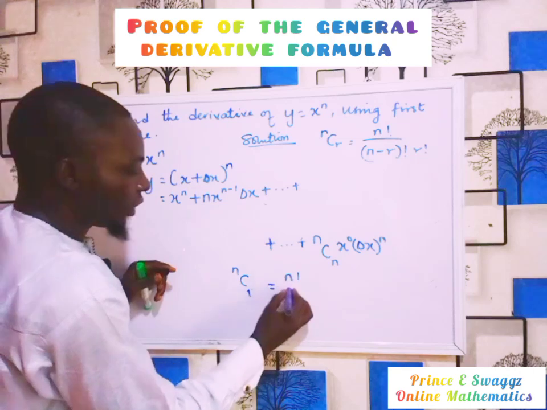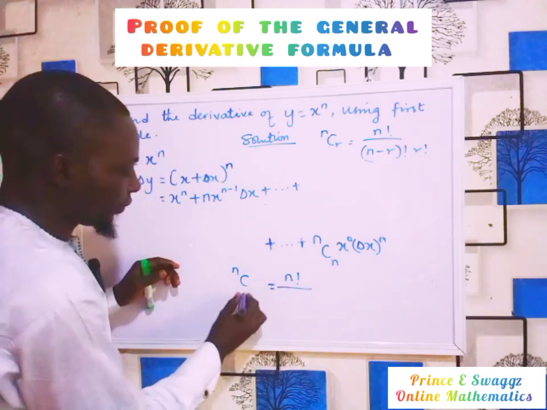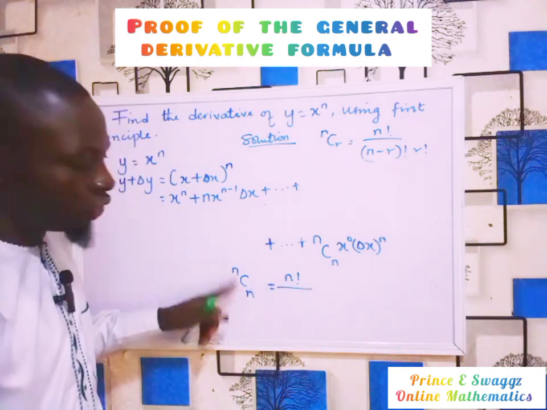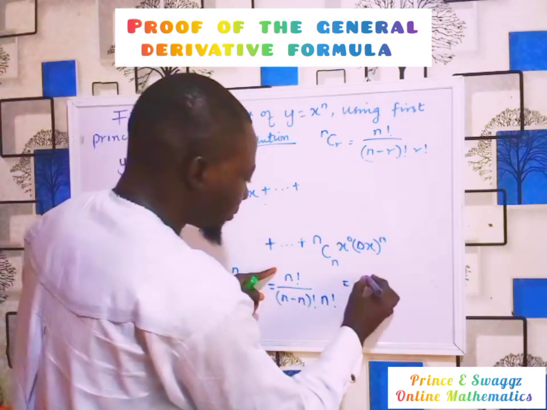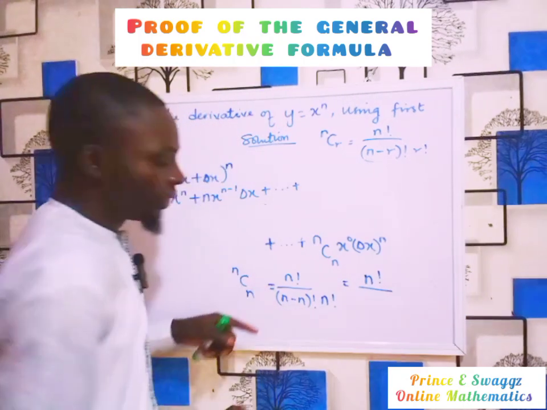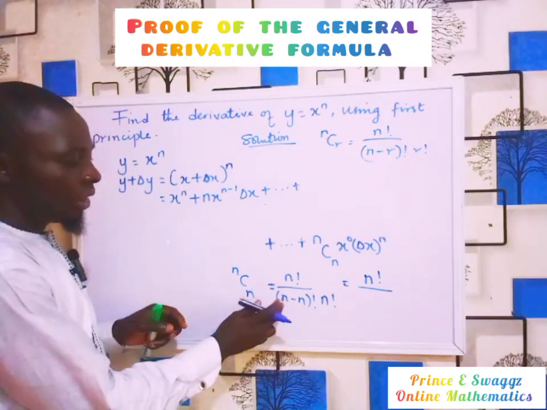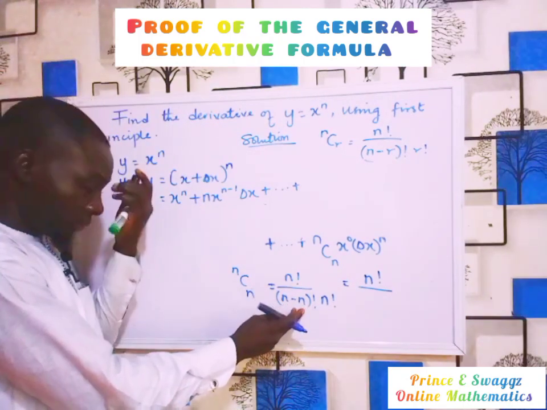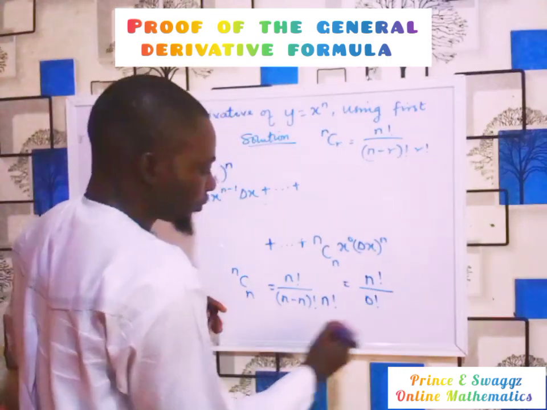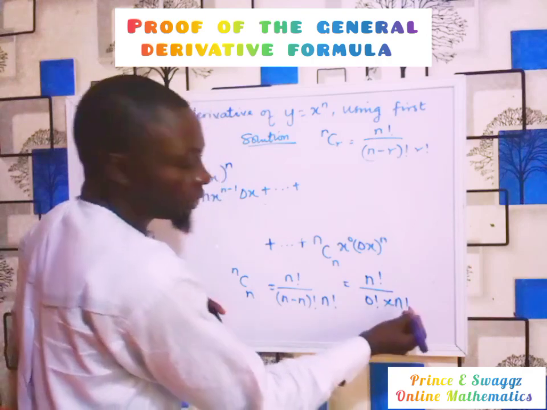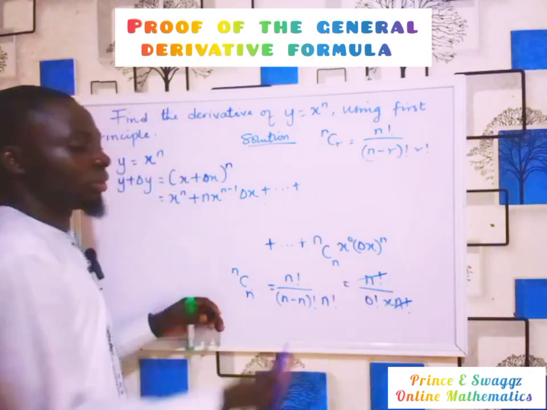Now it gives us n factorial over, then we minus these 2, that is n minus n. We then have n factorial over n minus n factorial. That gives us 0 factorial. Then times n factorial. n factorial cancels n factorial.